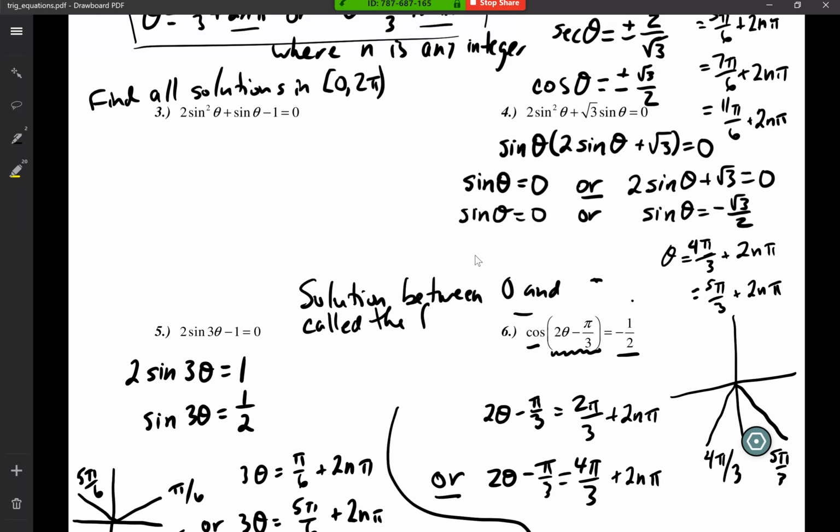So when is sine equal to 0? Tell me some angles that give you a 0 for the sine function. 0 does. What else works? Pi does, and 2 pi does, and so on down the line, right? So this one we can write as theta is equal to multiples of pi.